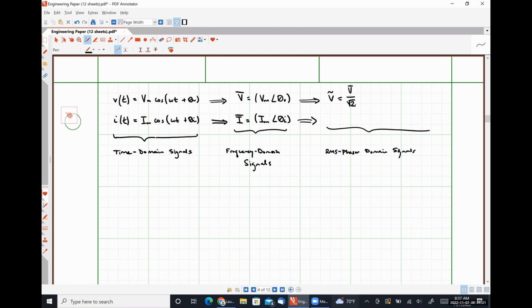So we're going from the frequency domain to the RMS phasor domain by using effective values instead of the magnitude of our signals.